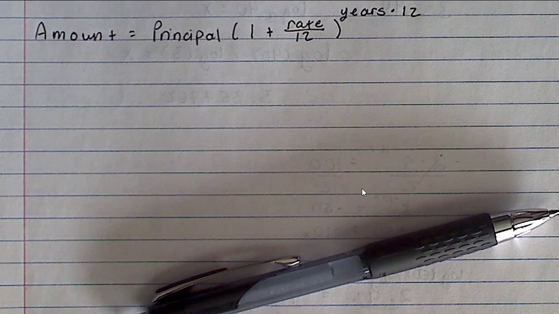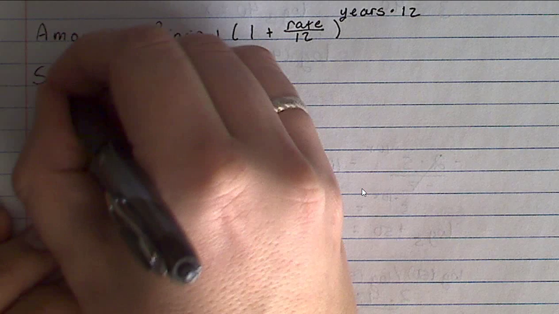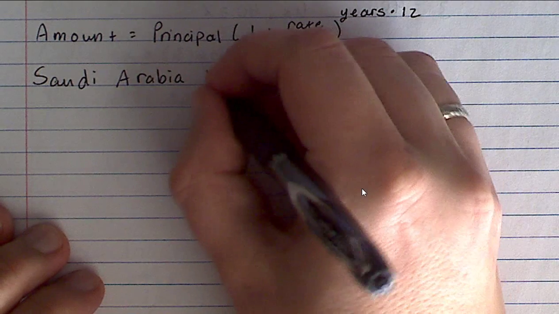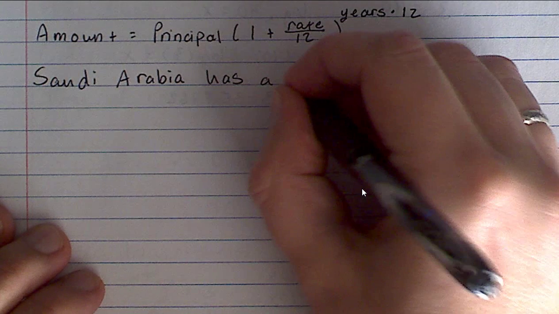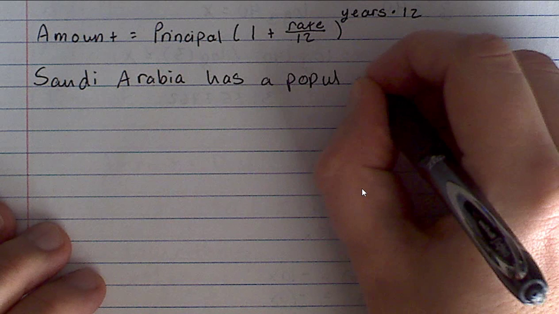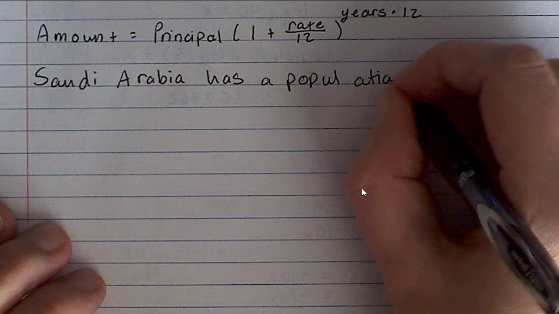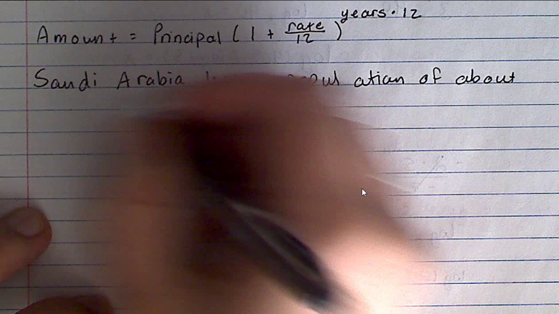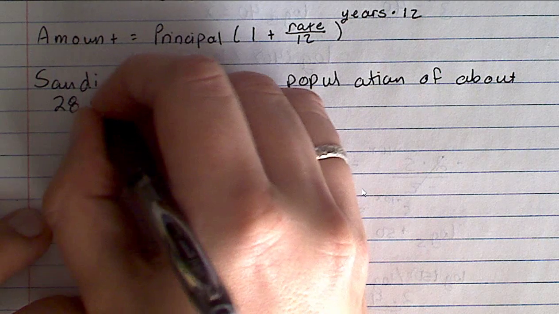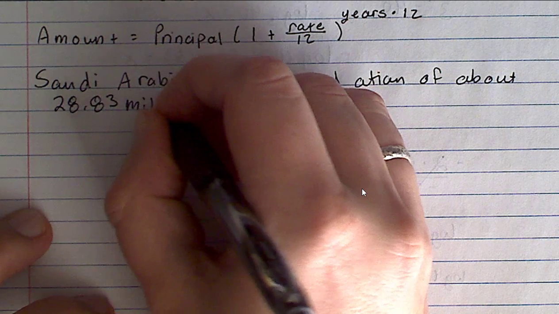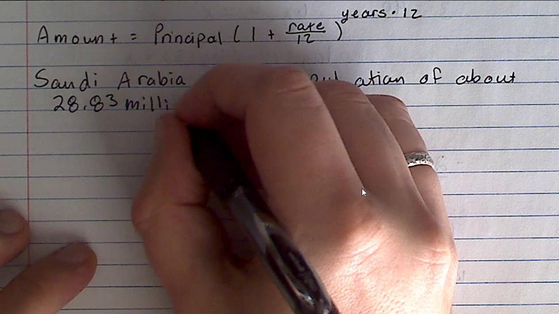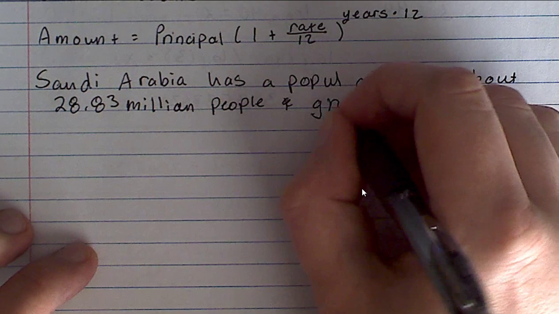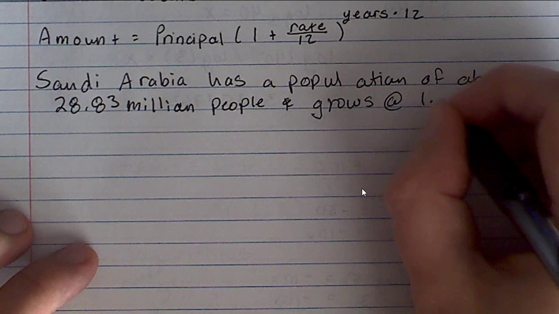So for a problem that's going to be similar to what's on your assignment, Saudi Arabia, because Gus requested it, has a population of about 28.83 million, and grows at 1.9% per year.